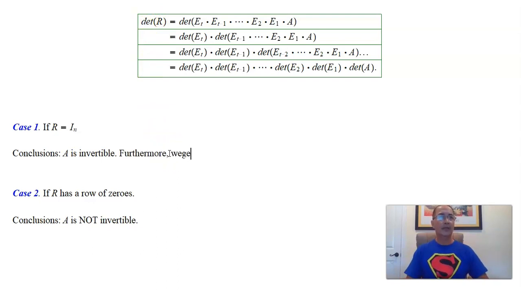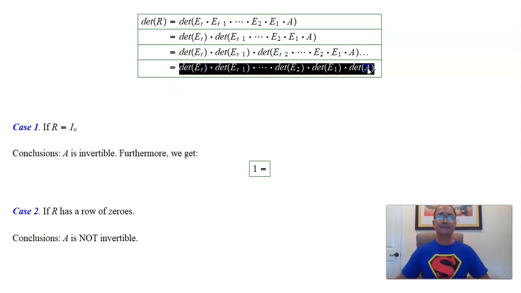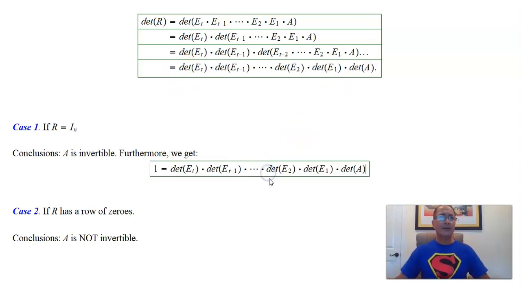So furthermore, we get on the left side 1, and then we get this long product. However, we said that for an elementary matrix, the determinant is either k, or -1, or +1, none of which are 0.